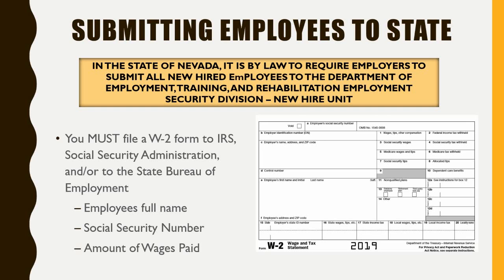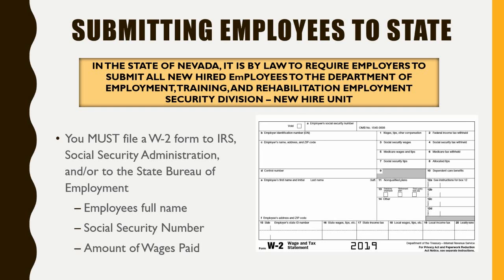Basically what you need to do is collect all the information: their full legal name, each employee's social security number, and what their task is, and how much wages you are willing to pay them, whether they're wages or salary. You need to establish that as well.